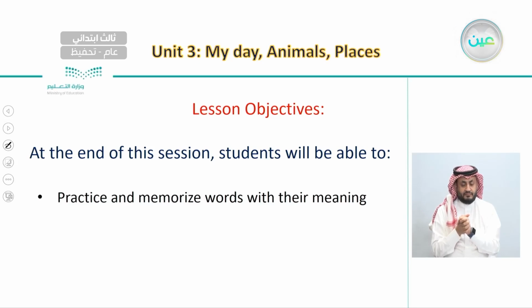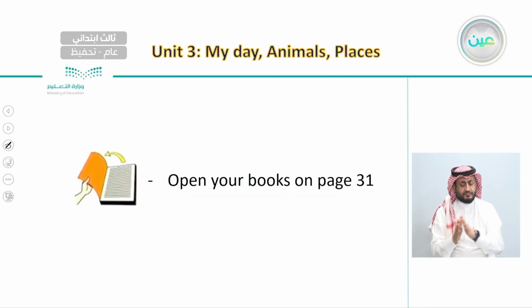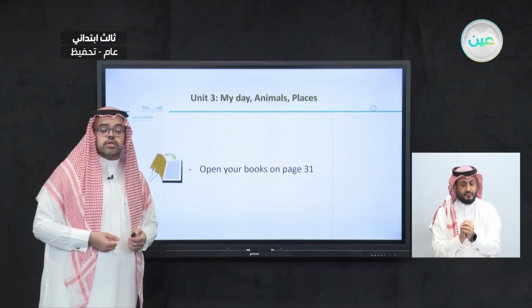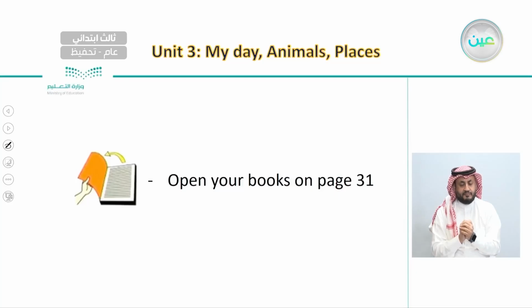Today we're going to practice words from the picture dictionary that we have in our book, and remind ourselves where we can find each of these words and how to practice them. This can be seen on page 31. I would like you please to open your books on page 31.